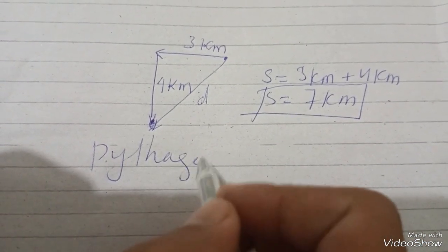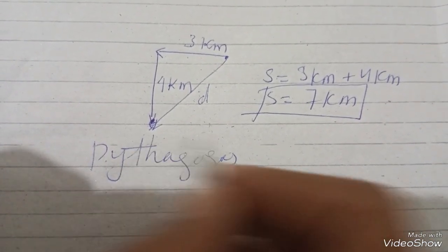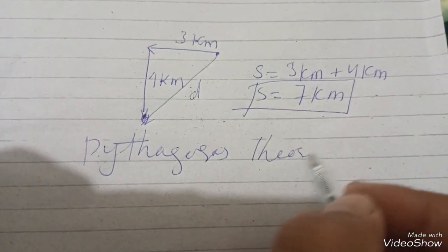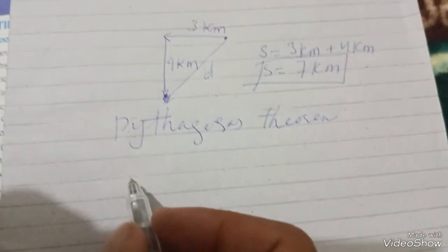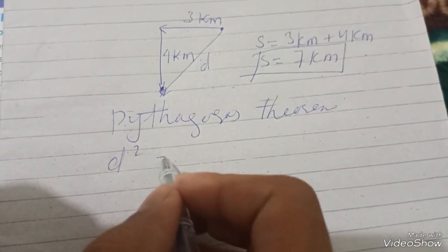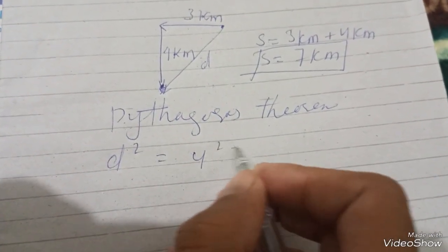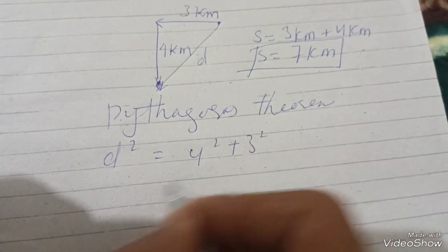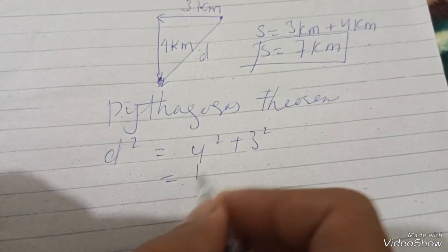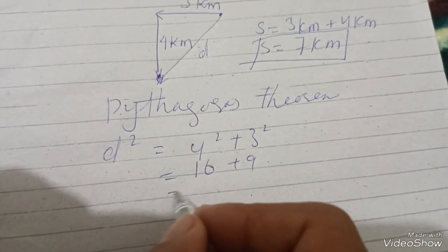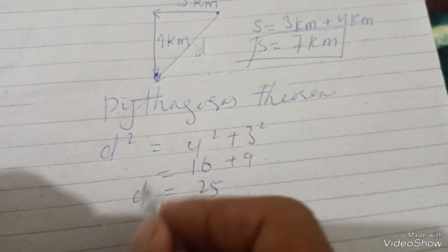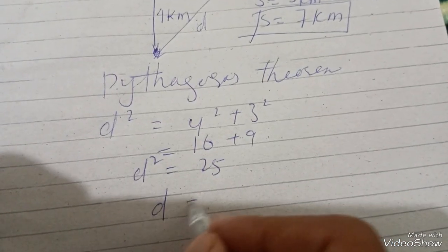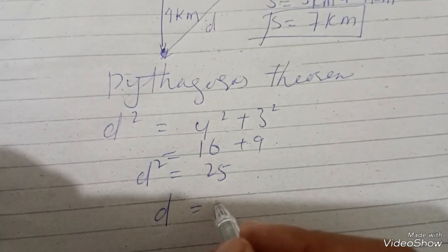So d square equals 4 square plus 3 square. 4 square is 16, plus 9, equals 25, but here it is square, so if we remove the square, the answer will be 5.